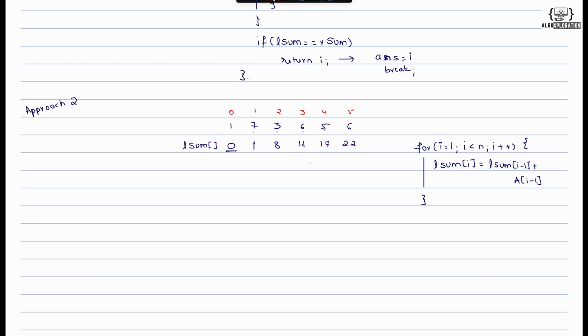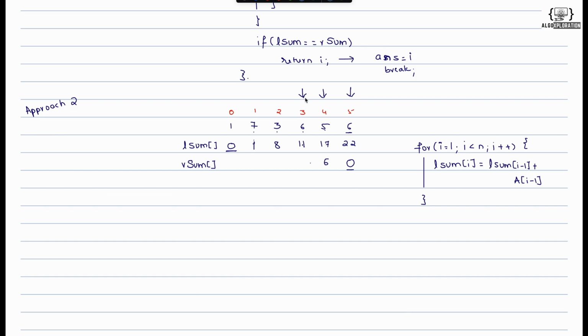Now similarly, let's try to find the right sum of every index. What you can do is start from the last index, right? The right sum of the last index will be 0. So if you come here, it will be 6 plus 0, that will be 6, right?